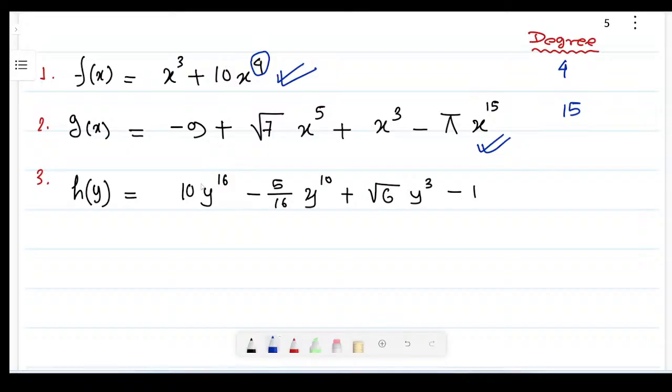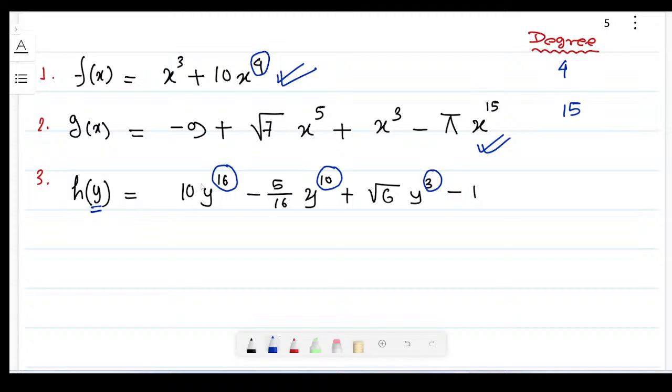So let me check this one first. Is this a polynomial? Yes, all the powers are positive integers. So yes, it is also a polynomial in the variable y. Here I am not taking the x variable.